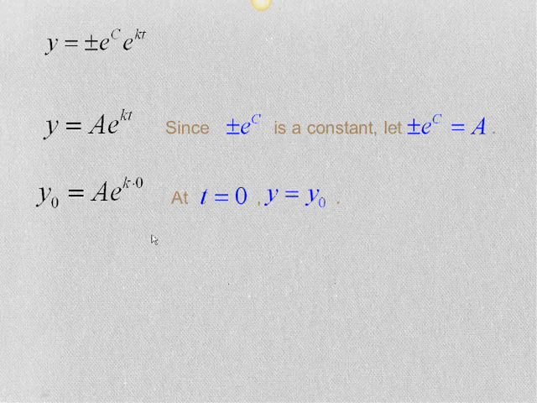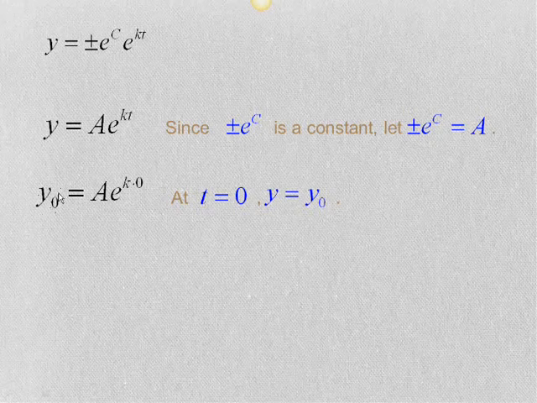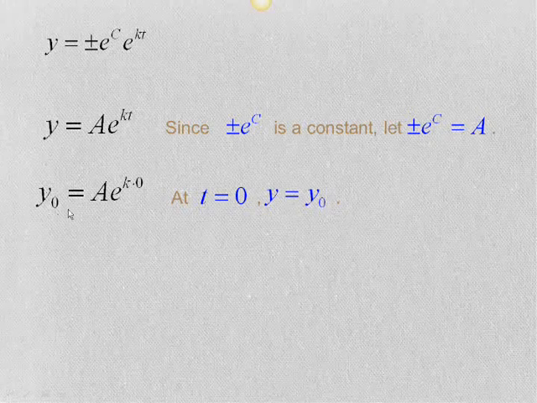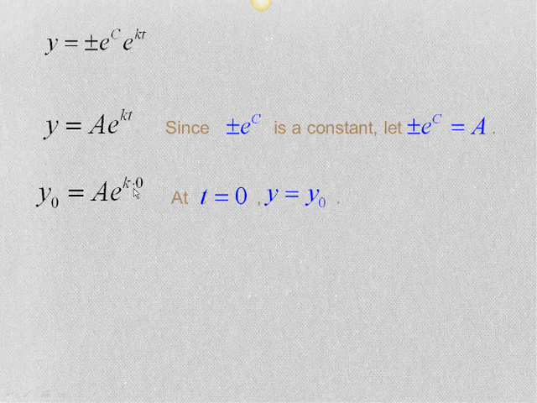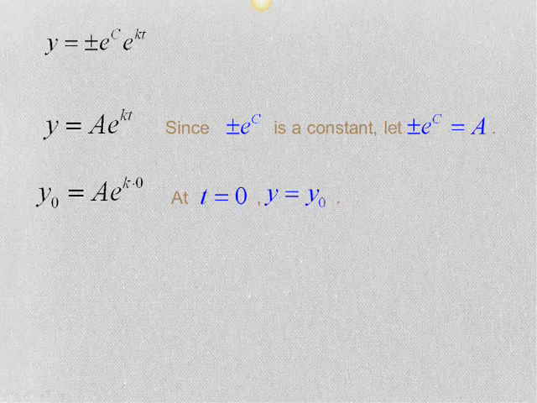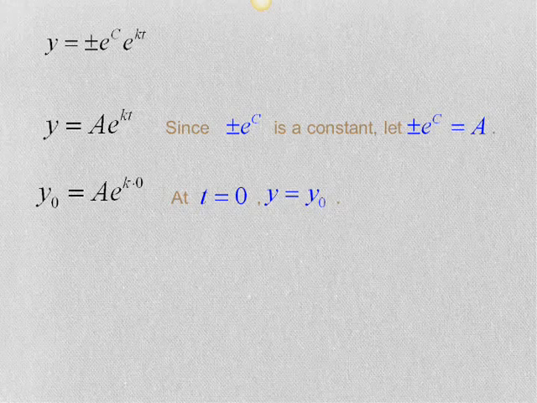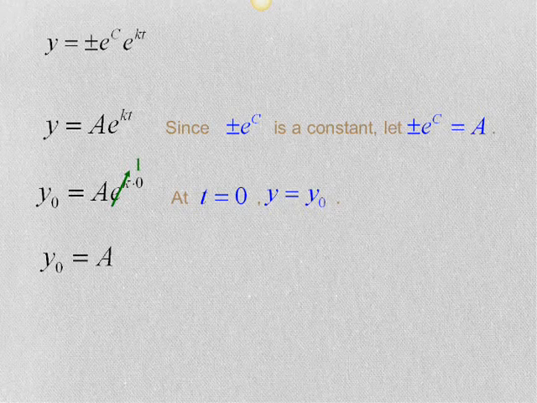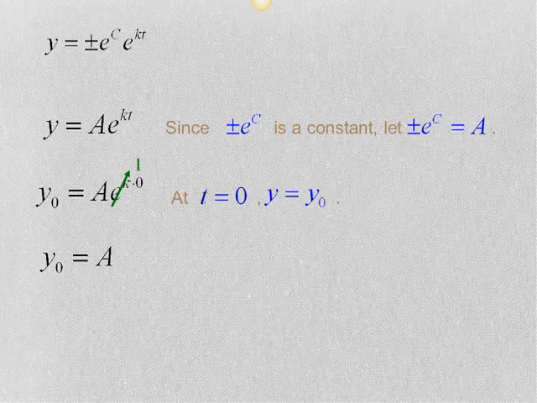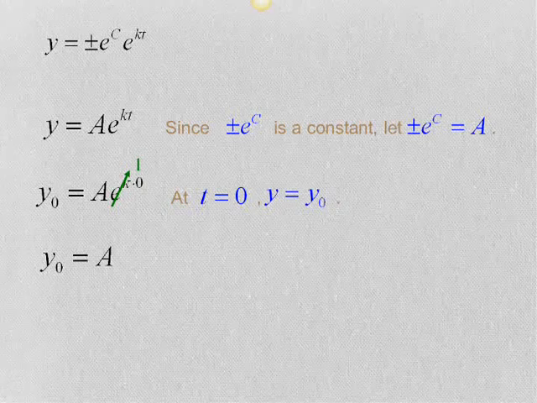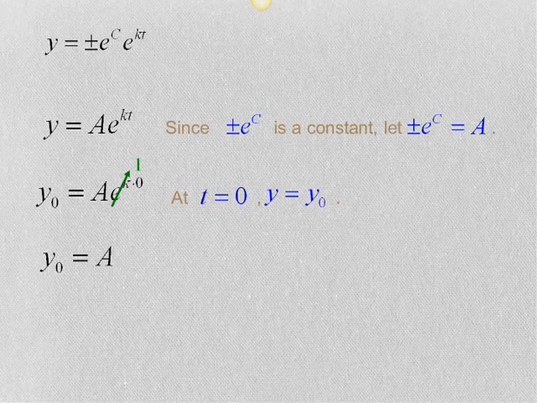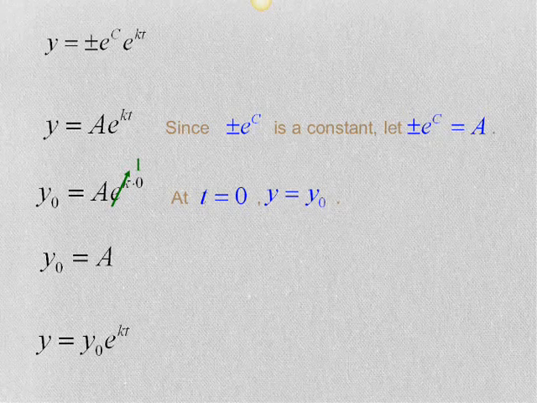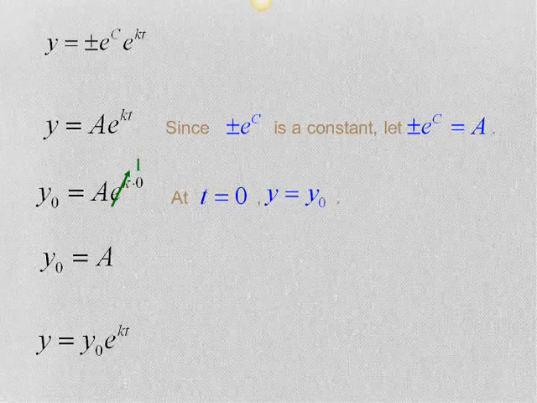And that's why we have a y sub 0 out here. It's the amount that we have at the very beginning of time. So when t equals 0, my e to the k times 0 cancels to become a 1, and so my y sub 0 is a. So y is equal to y sub 0 e to the kt.